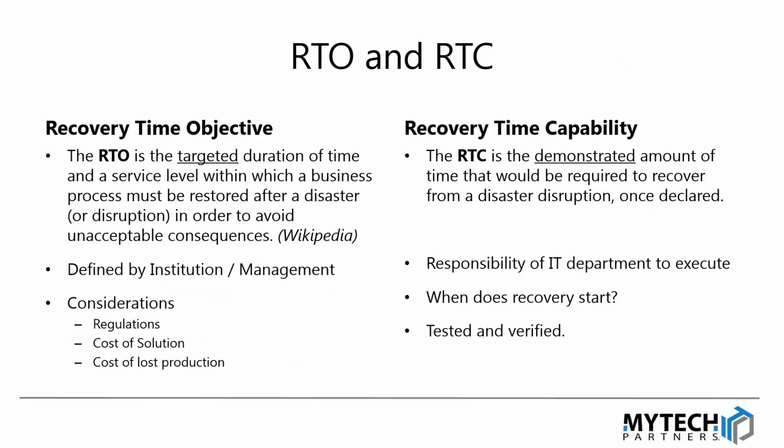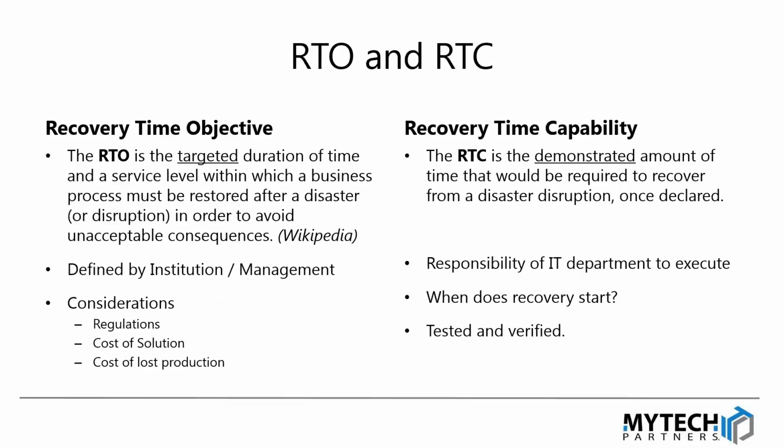And along a similar vein, the recovery time objective is the targeted duration, the expectation set for the maximum amount of time that you can be without services or access to your data. It doesn't necessarily talk about how old that data is, it just talks about how long you are not able to access it. And once again, this is defined by the institution, and the considerations are very similar to the last one.